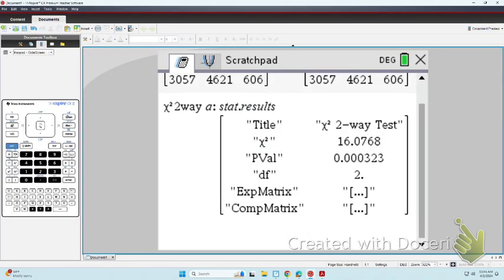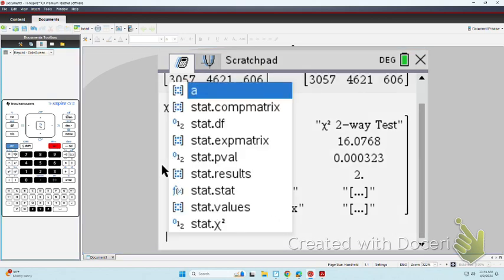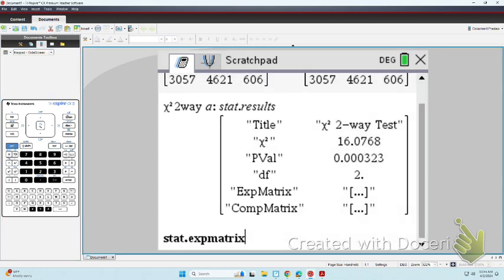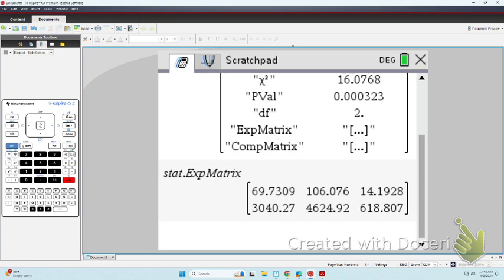Now, I'm going to write the expecteds down. I go back to the calculator, and you press var, and pick the most recent EXP matrix. Hit enter, and copy those down to the tenths.